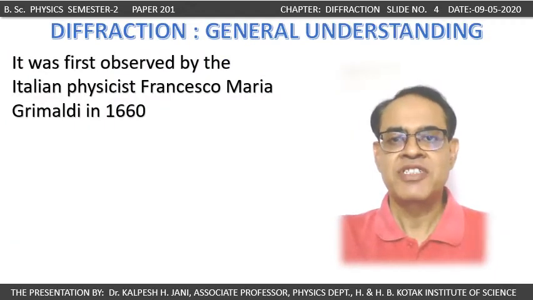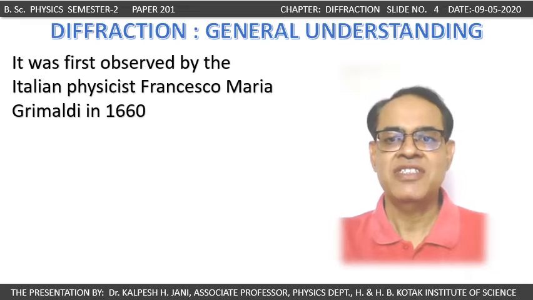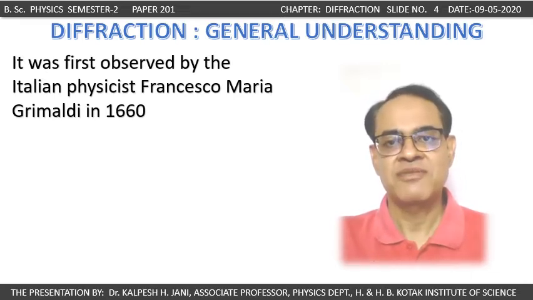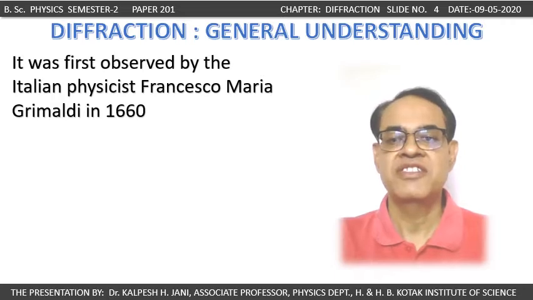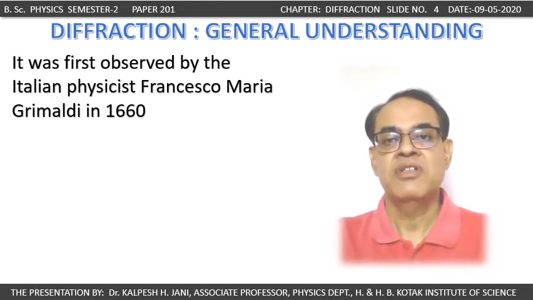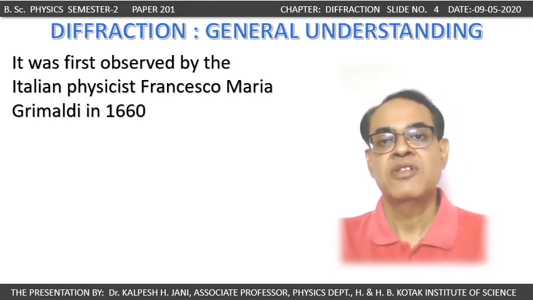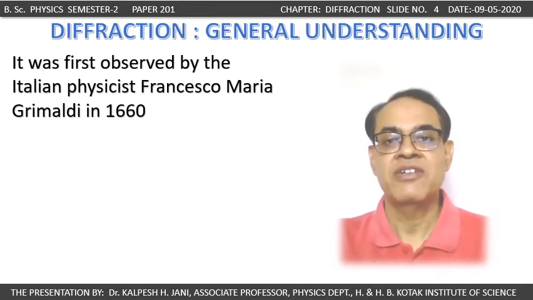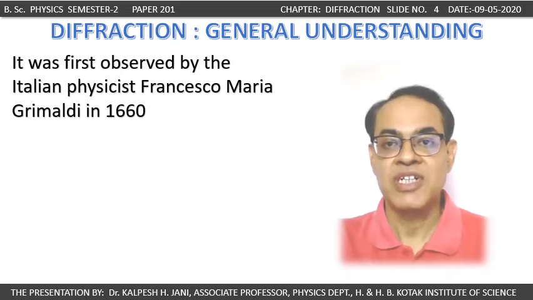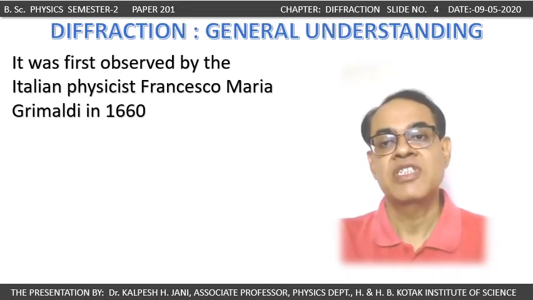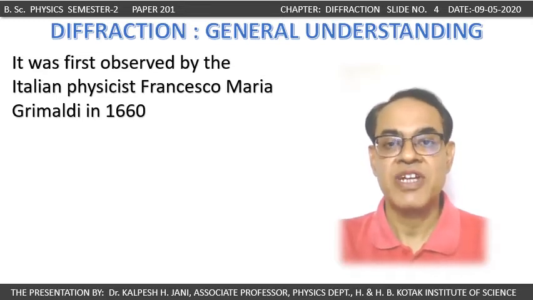Historically, this term diffraction was given by the Italian physicist Francesco Maria Grimaldi in 1660. He gave this term for the effect that he saw in the shadows of objects.